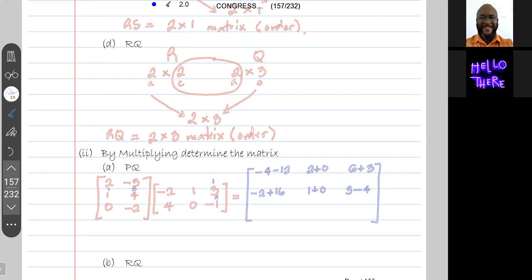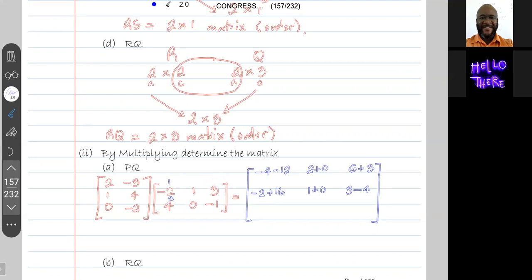Next, lastly, I'm going to multiply the bottom row by all 3 columns as well. So that's bottom row, left column. First element in the row times the first element in the column.